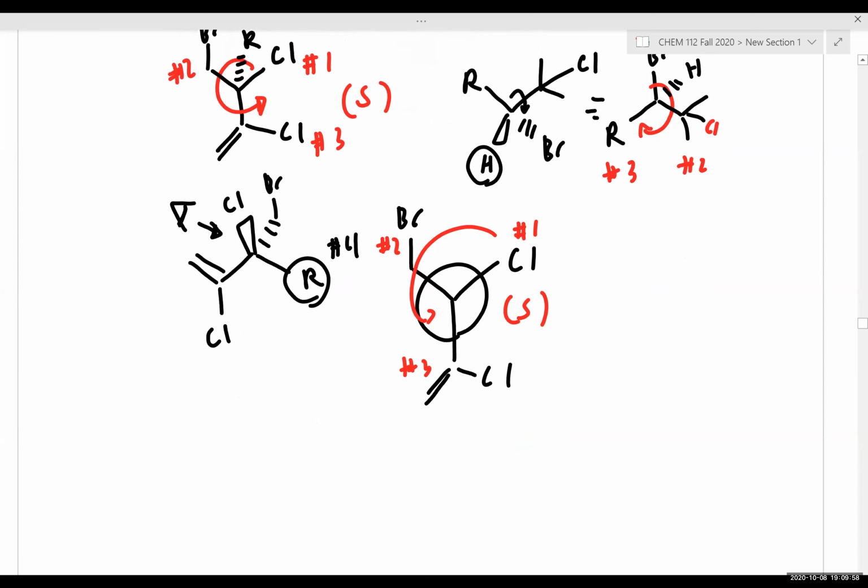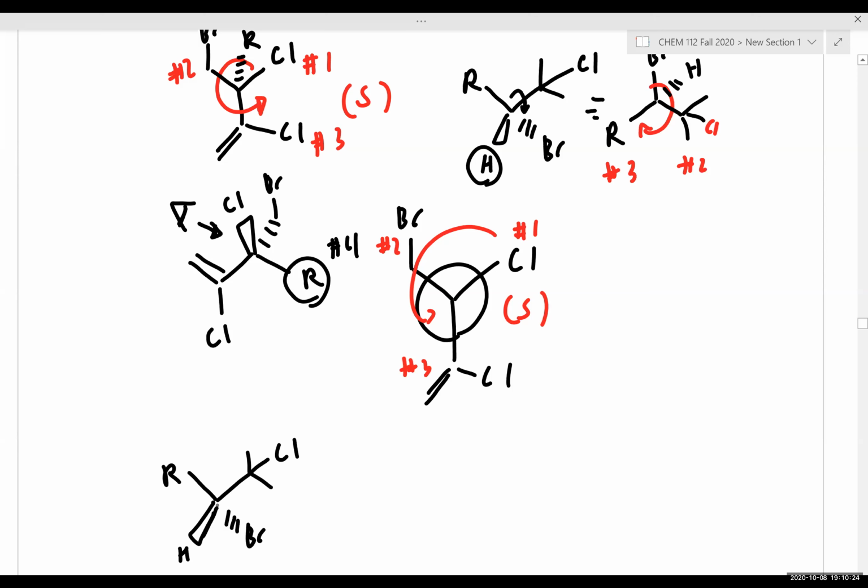This is really something where I encourage you to make the model and just keep working on examples, because this kind of three-dimensional reasoning is a skill that, if you continue to hone and develop, will be very useful as you continue on with organic. So just to show you the same perspective here.